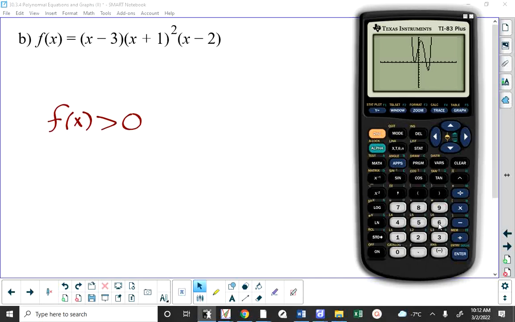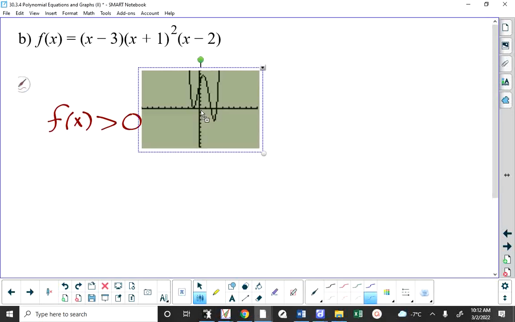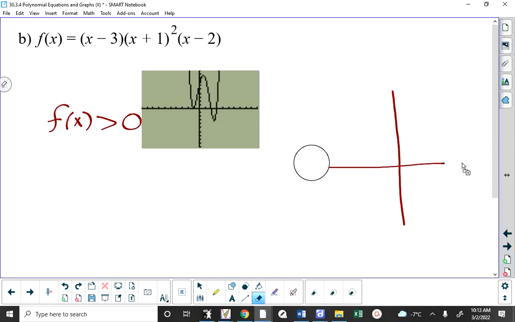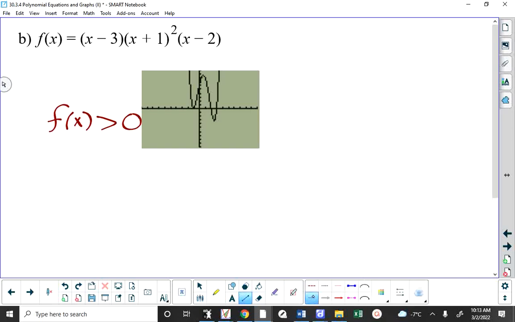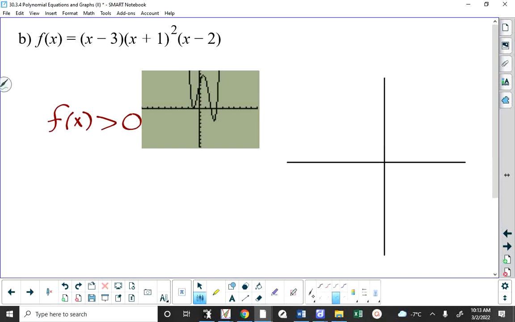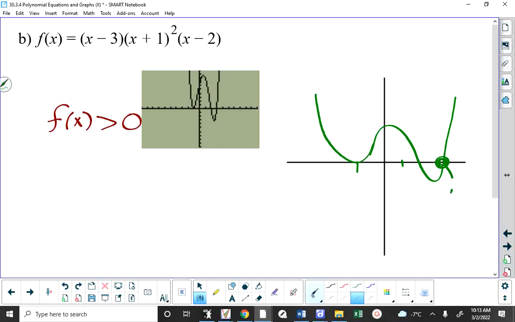So looking at that, I know that the graph at -1 is tangent, which, I mean, I could have just looked up here, right? But it takes the thinking out of where the arms go. It goes through 2, and it also goes through 3. This is 3, this is 2, this is -1.